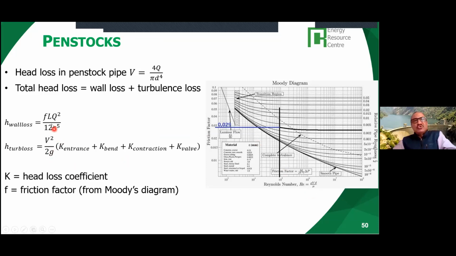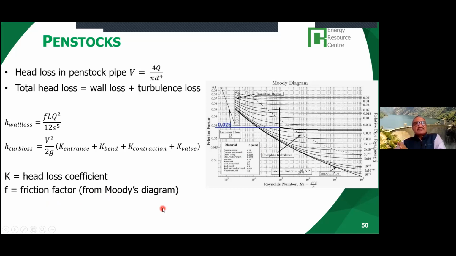I just wanted to mention that we need to find the losses in the walls and the turbulence loss, which is due to the entrance, when there's a bend of the penstock, when there's a contraction, and where there's a valve, there is a loss also. The total loss will be the head loss coefficient term, and the friction F you get from the friction factor.